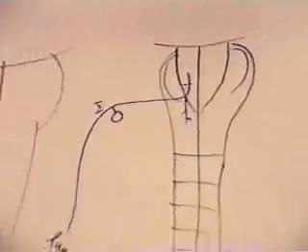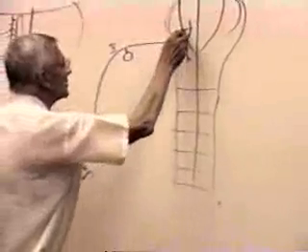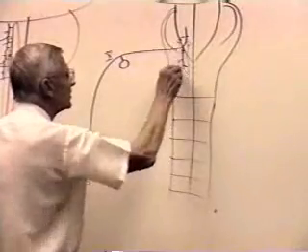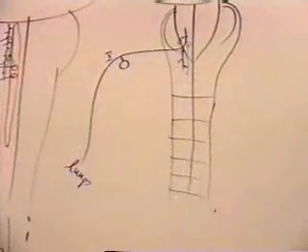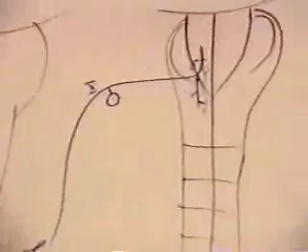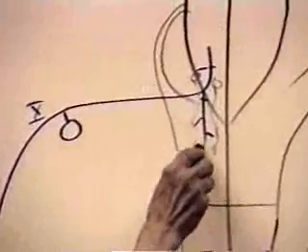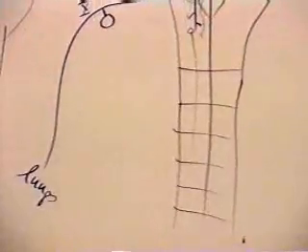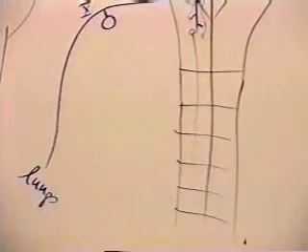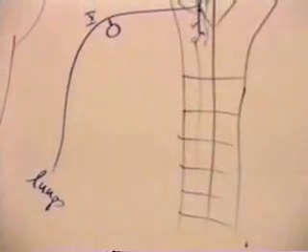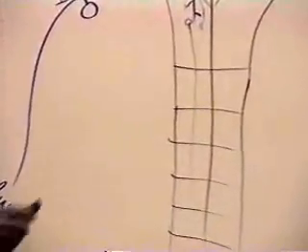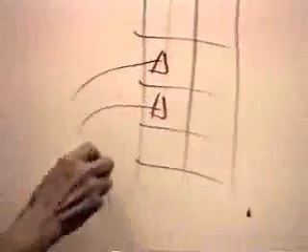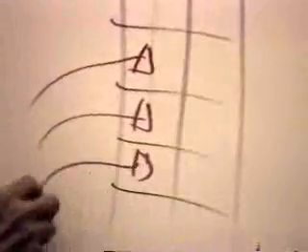Second order connections from the nucleus to reticular formation. Next order elements from reticular formation downstream to C3, 4, 5, I guess it is. All right. 1, 2, 3.